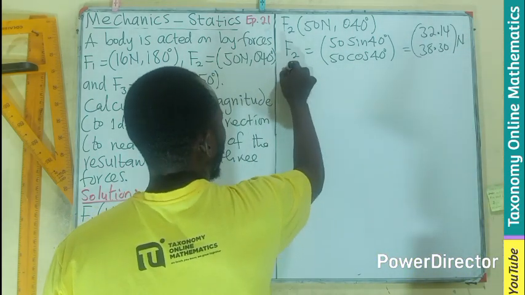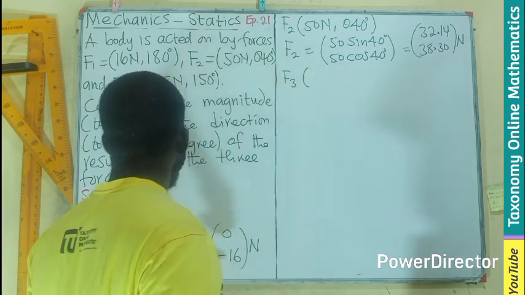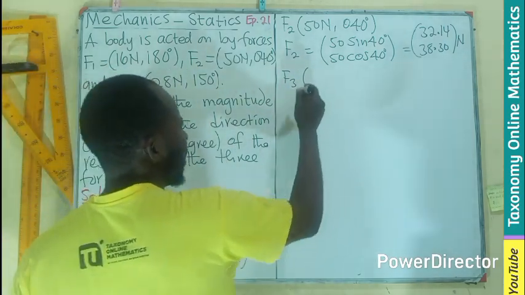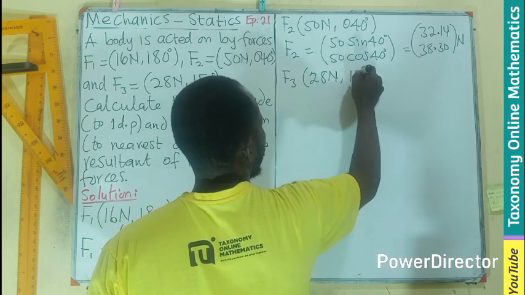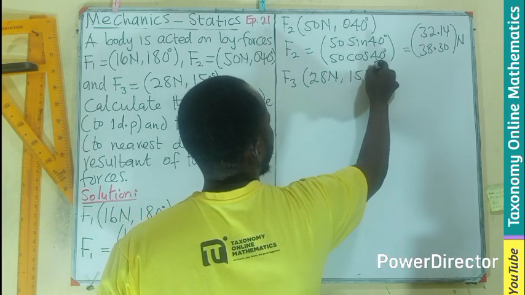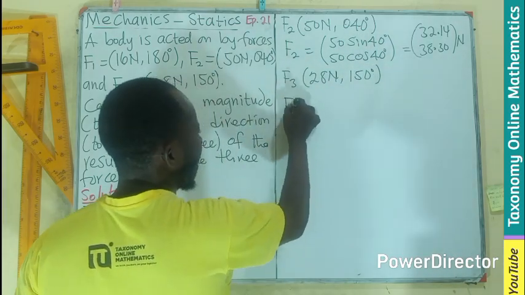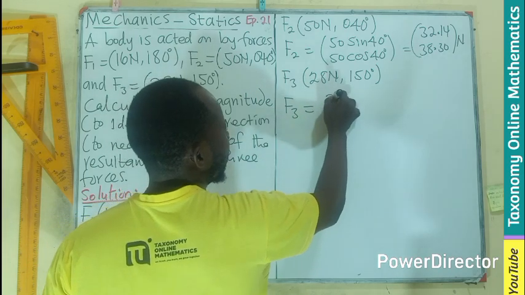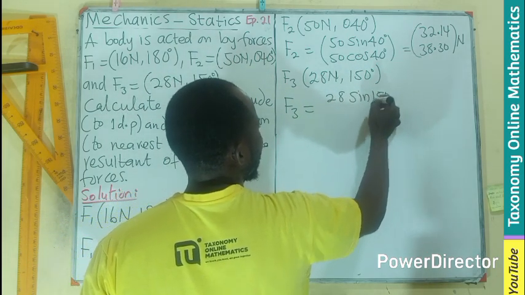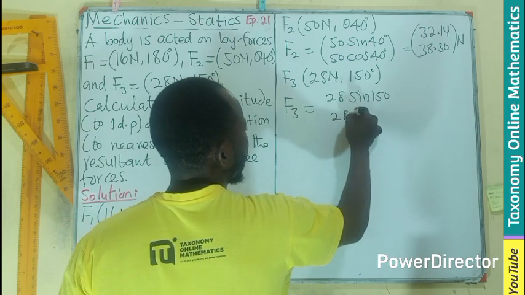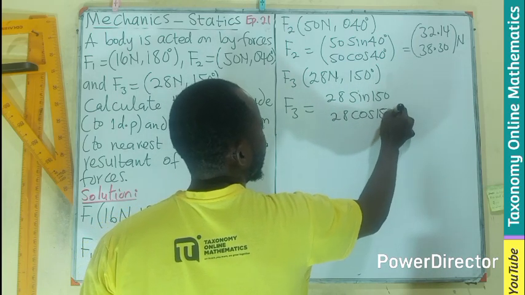Let's go for the final one. Force 3, the magnitude of 28 Newton on a bearing of 150 degrees. Resolving that force will give you 28 sine 150, 28 cos 150.